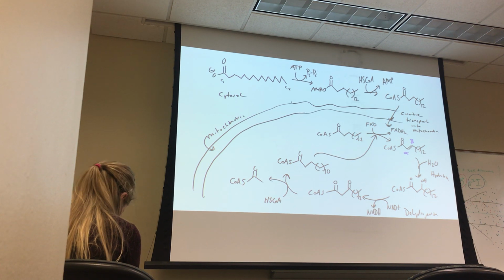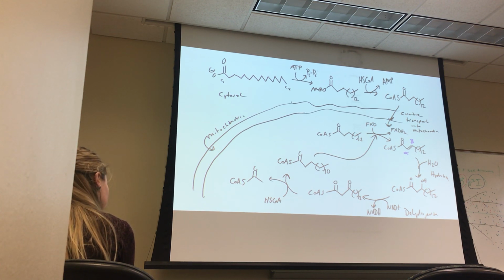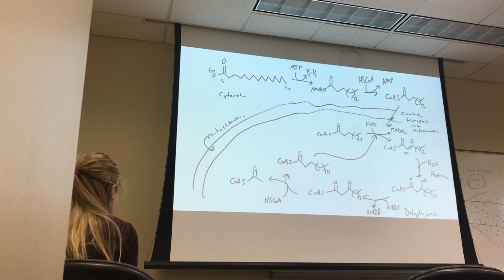So pretty straightforward. Probably one of the easier pathways we've done.